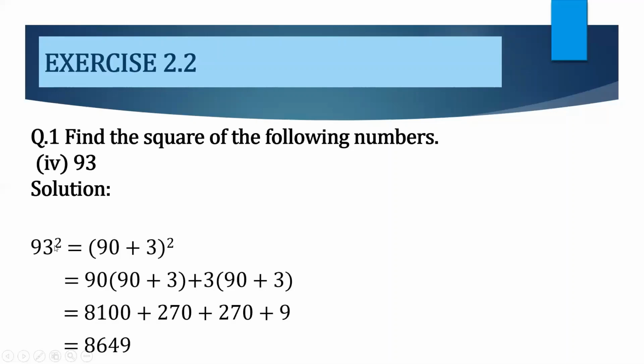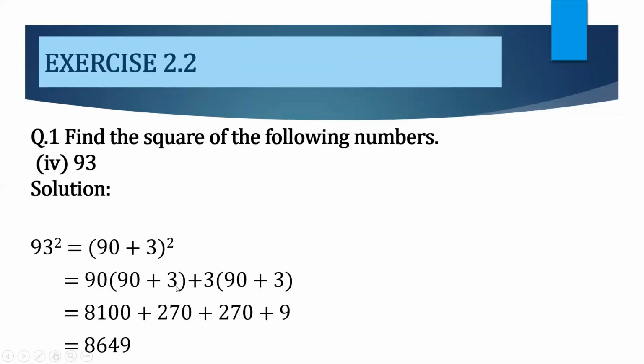So 93 square is equal to (90 plus 3) whole square. So a is equal to 90 and b is equal to 3. Using multiplication of binomial with binomial, we will write it as 90 into (90 plus 3) plus 3 into (90 plus 3).